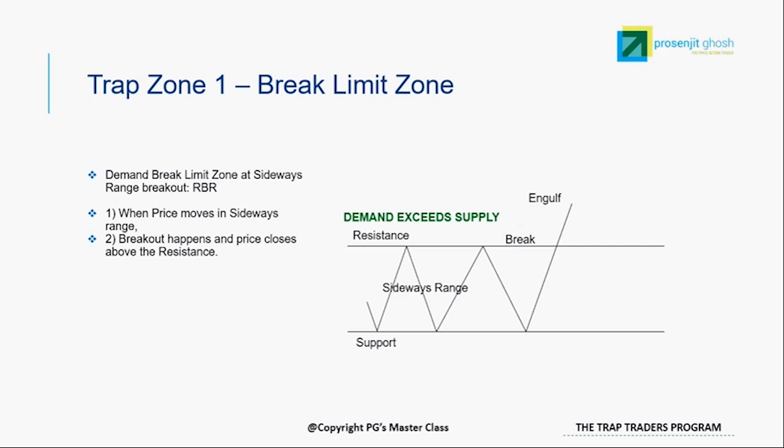right? We know that at the point of the resistance, where the price has broken the resistance, there demand exceeds supply, okay? At this place, the demand exceeds supply, right?